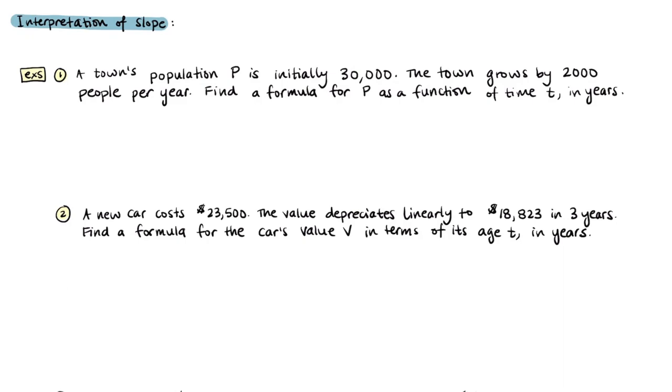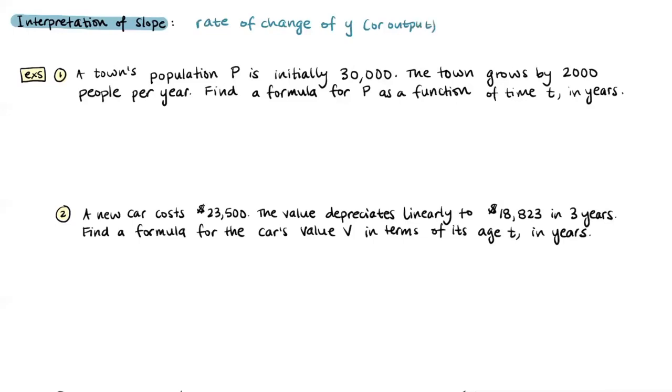But in this context for now, one way to interpret slope, no matter what kind of thing you're looking at, is by thinking of it in a rate of change context. So it's how much does the output value change? We usually call that y.